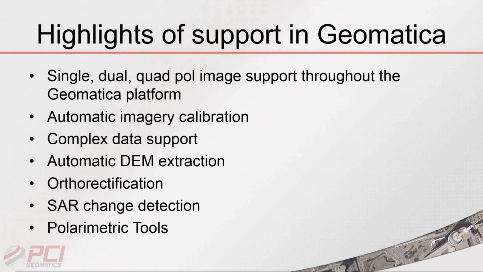I want to highlight really quickly the depth and breadth of support that is available within Geomatica. We support all of the different images, whether they're single, dual, quad pole images throughout the Geomatica platform, and I really want to stress the fact that we have an operational system here that includes multiple tools, as you'll see in a minute. A key thing that we have is automatic imagery calibration, which is important.